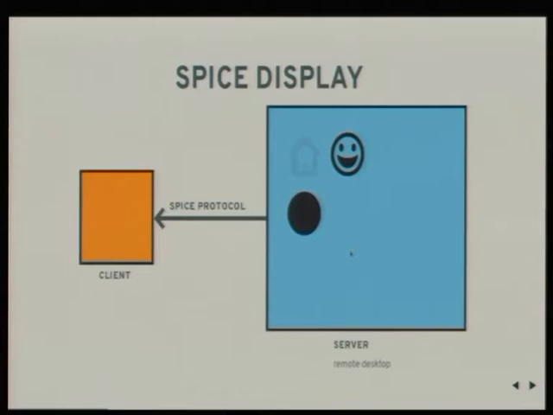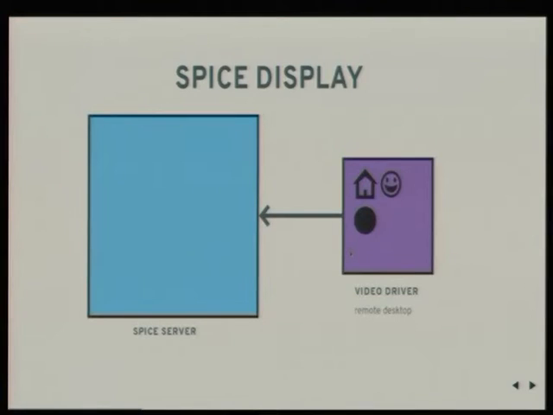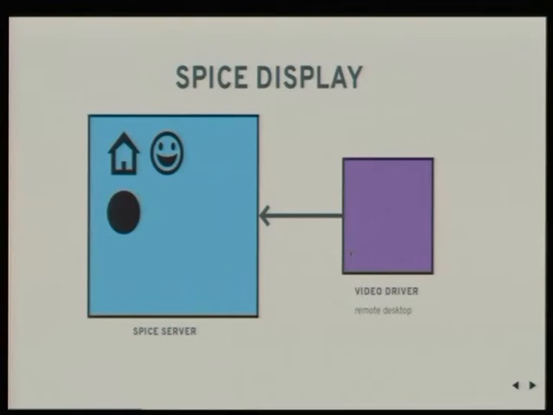Display channel is there to send image data from Spice server to Spice client. But how does the server get the data? Well, typically an application running on the remote desktop wants to display something.